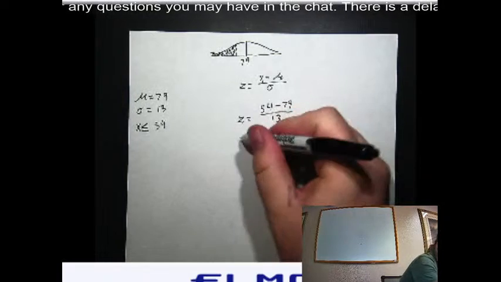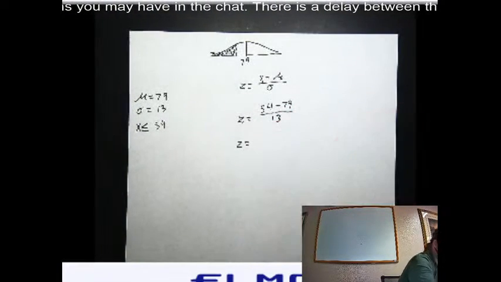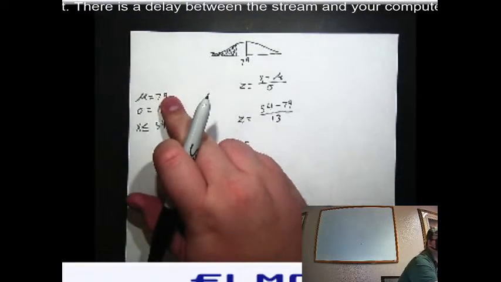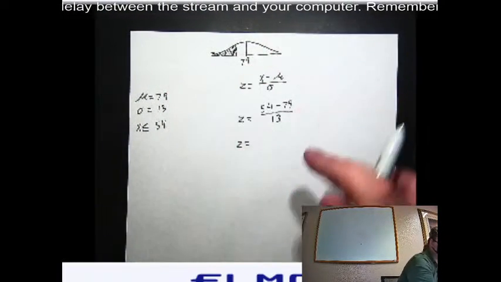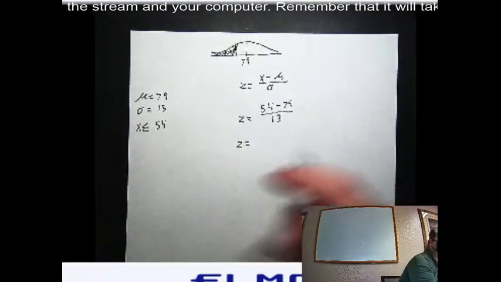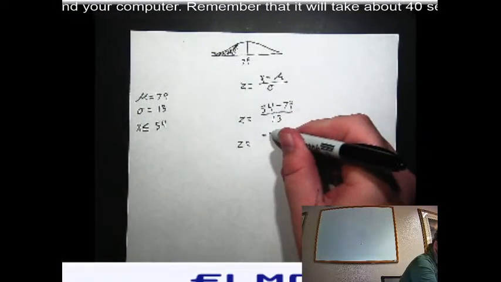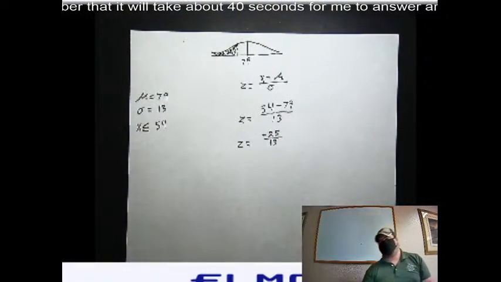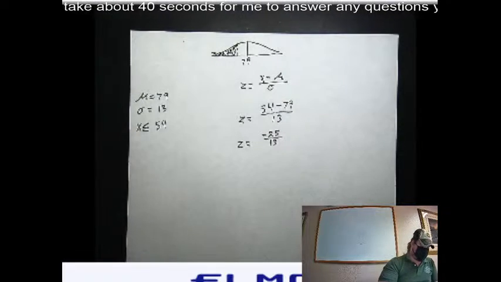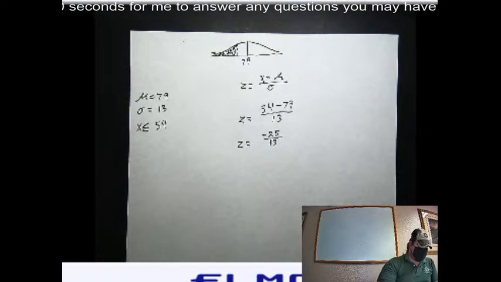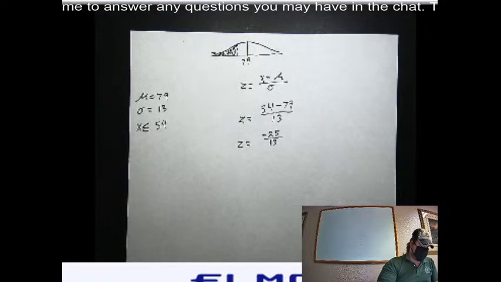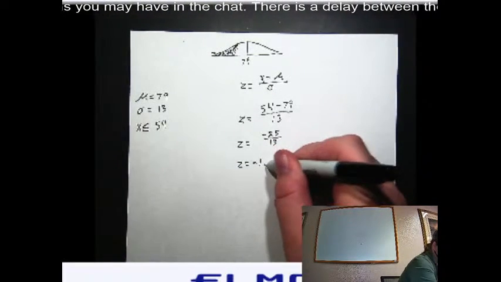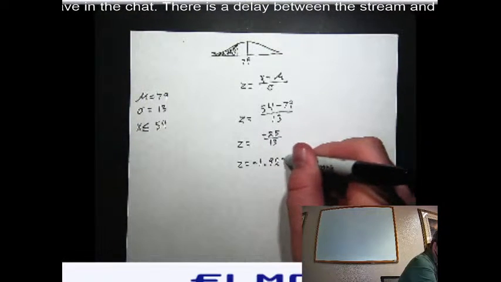Negative, and that's important. Anytime your x value is less than your mu, your mean, that will come out negative, making the entire z-score negative eventually. So negative 25 divided by 13 is negative 1.923.